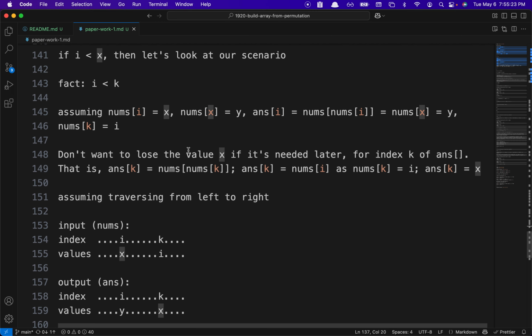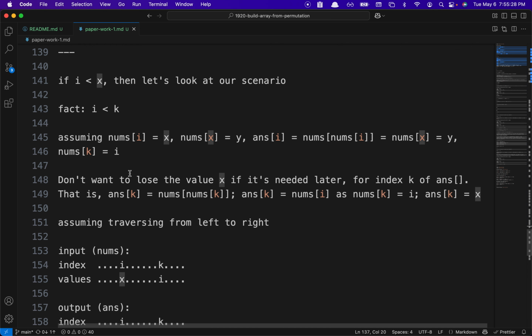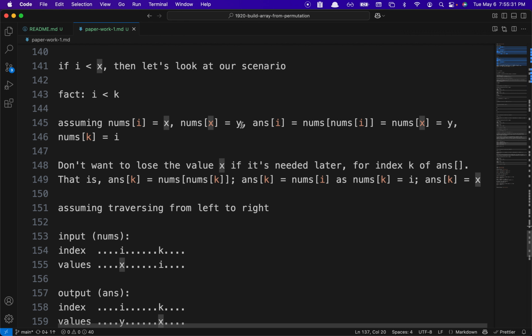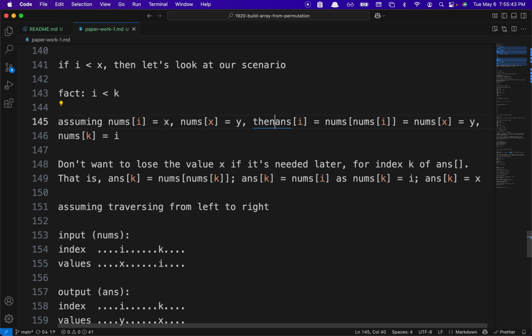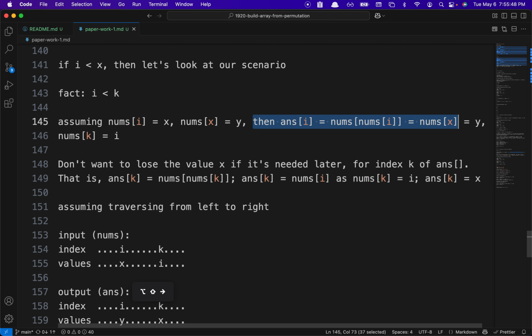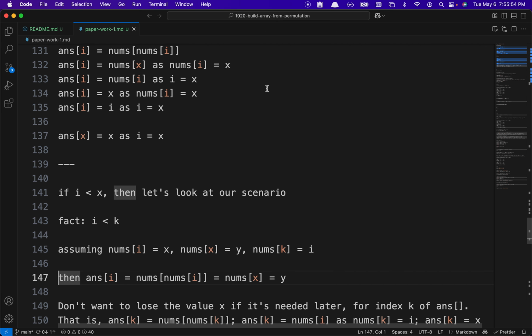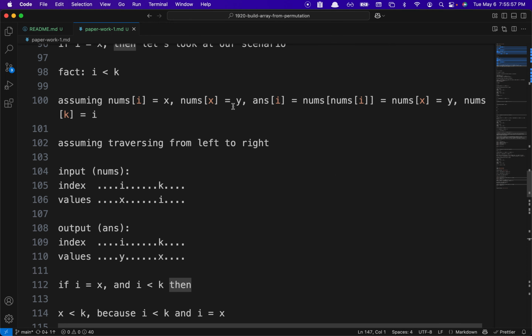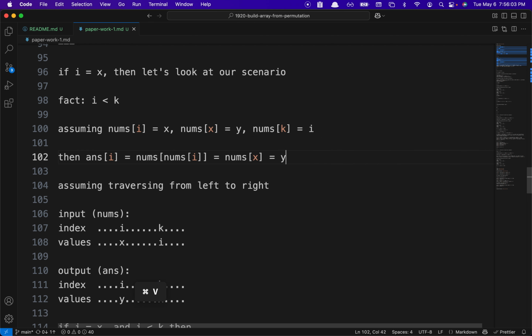So I is less than X. Now I is equal to X, and so I is equal to 0. And then I'm going to the numbers of 3. This is then a derivation. Then answer of this is this.